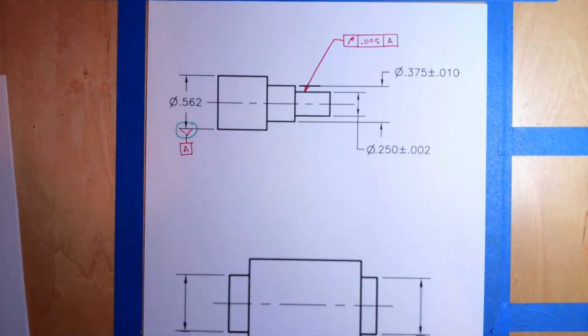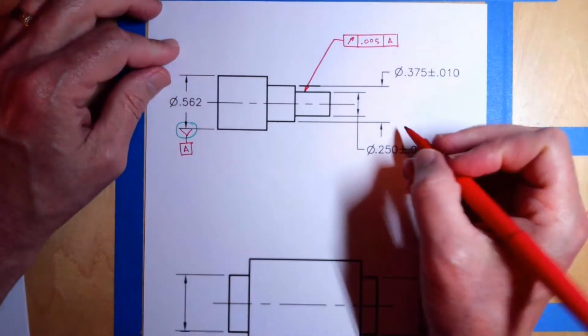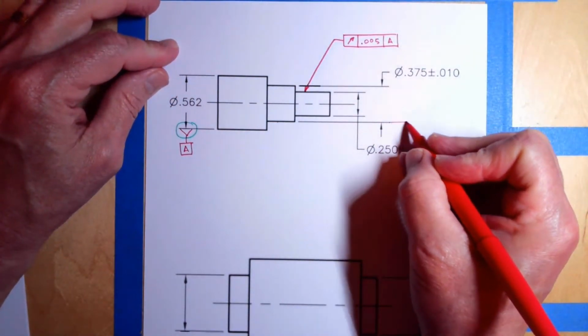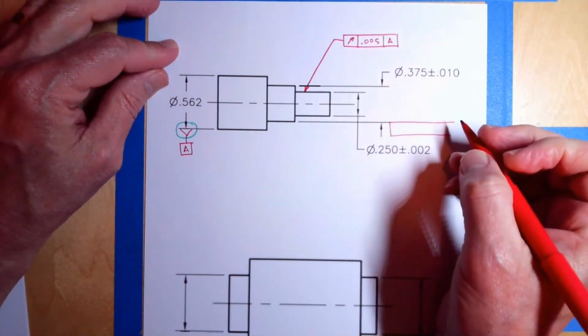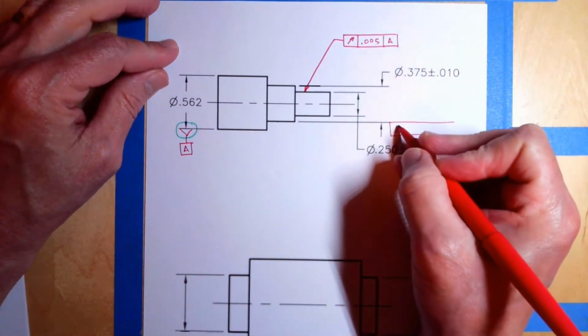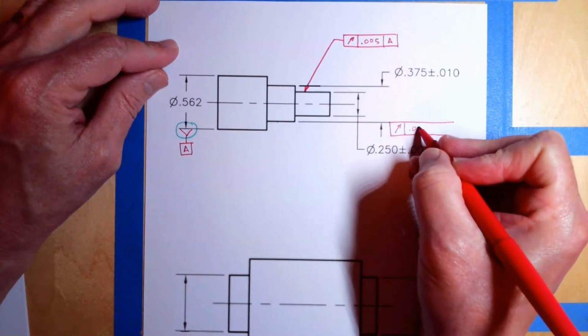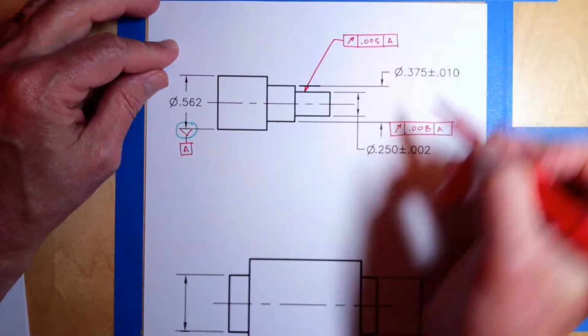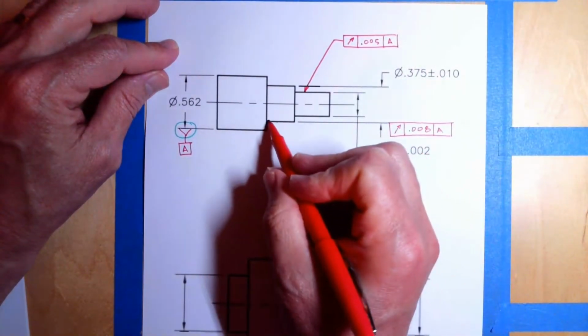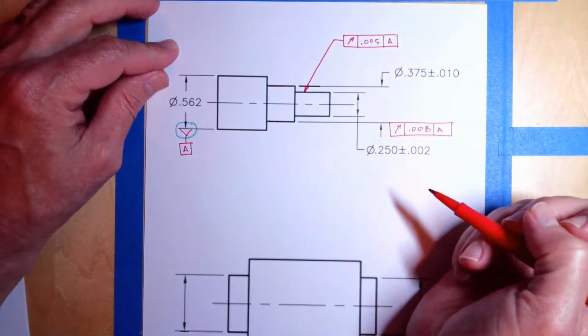Another way that we could apply this is coming off of this extension line like so. And now, of course, this will be for another surface than this one. So here, we're applying it to this cylinder right there.